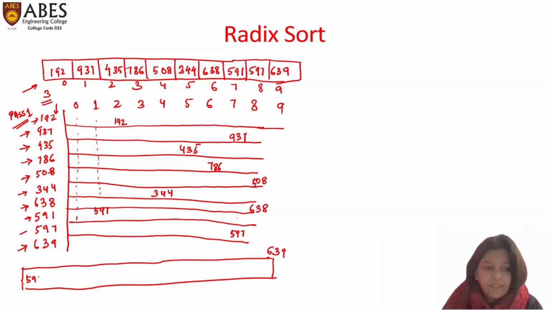It will have 591 on the first place. Then we will have 192. Then we are going to have 344. Then 435. Then we will have 786. Then we are going to have 937. 597.